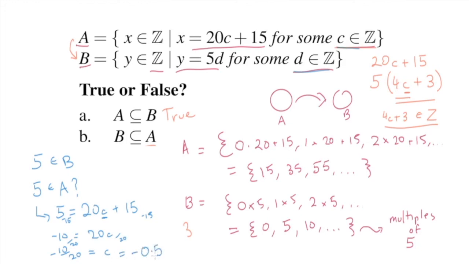So c equals -0.5. So if x is 5, then c equals -0.5. So -0.5 is not an integer, so 5 is not in A. So 5 is in B, but 5 is not in A. That means that B is not a subset of A, because there are elements of B which are not in A.